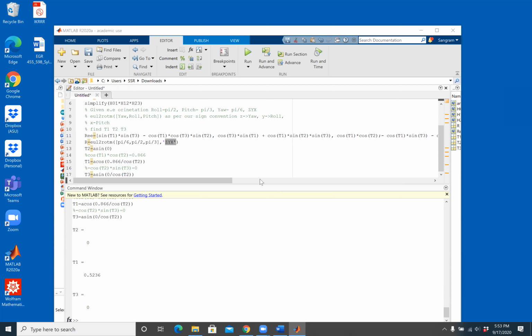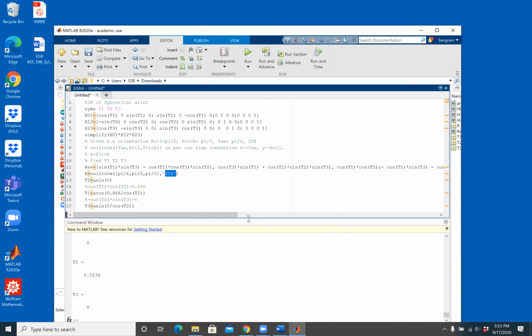Okay, can you scroll down to T1? You mean like this?